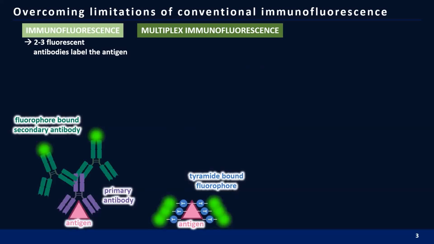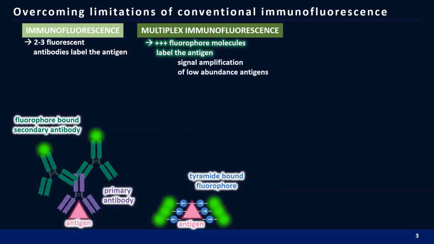Tyramide-bound fluorophores are considerably smaller than fluorophore-tagged secondary antibodies and significantly brighter, meaning that more fluorophore is bound to a single antigen. This increases the fluorescence signal of all markers equally, and especially allows for signal amplification of low abundance antigens.